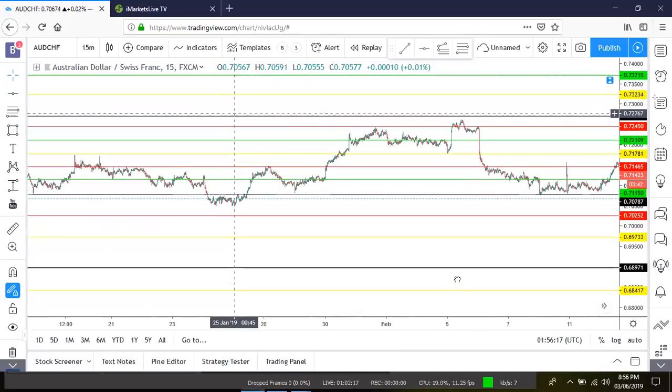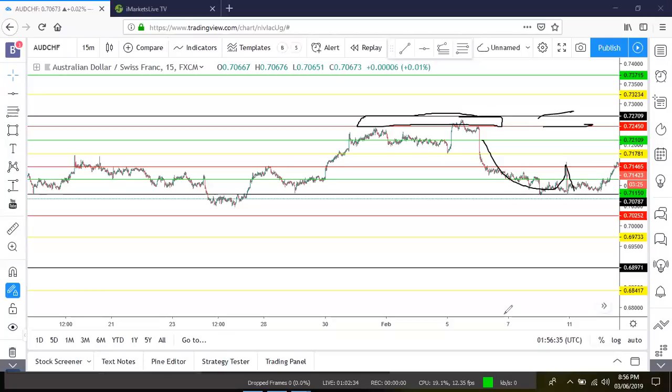And then look where it came right back into, this zone right here. This is the 15-minute, the red, and the black is the daily. Came up there, hit it, and then boom, drop. Came back up, retested, drop.